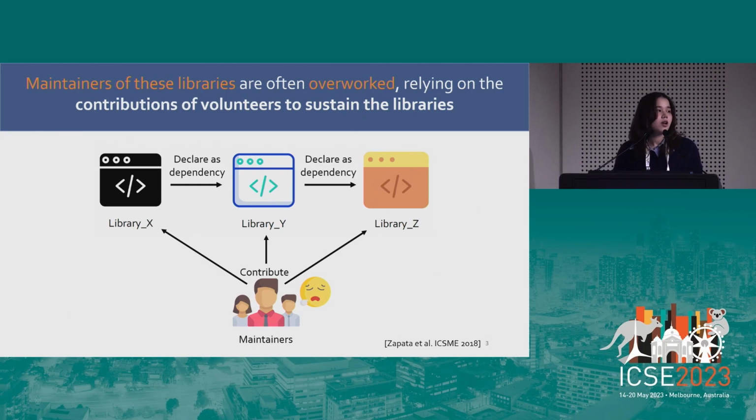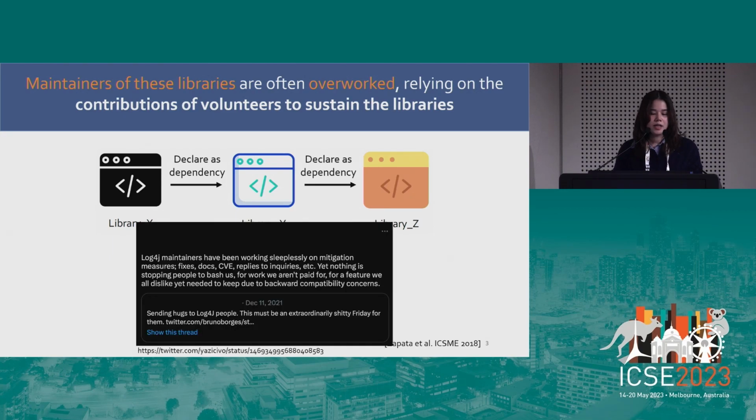Maintainers of these libraries are often overworked, relying on the contribution of volunteers to sustain the libraries. For example, these maintainers of a library express their frustration when maintaining the library in a tweet. Therefore, it is important to find help to support these maintainers to sustain the libraries.